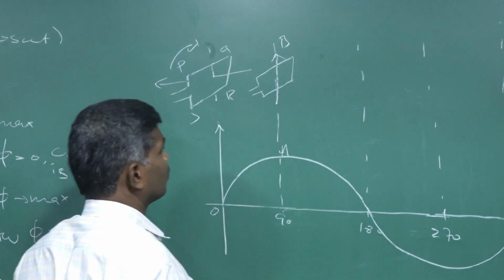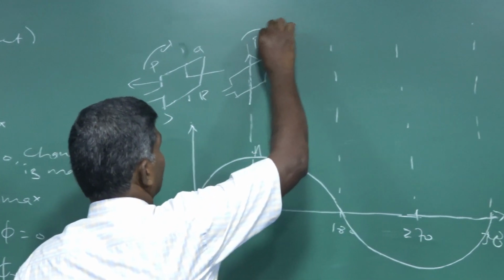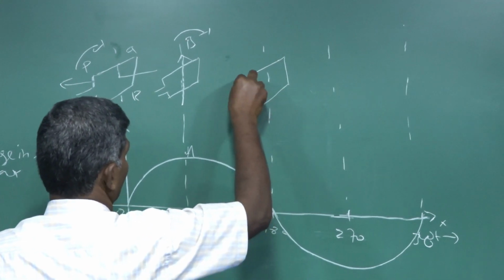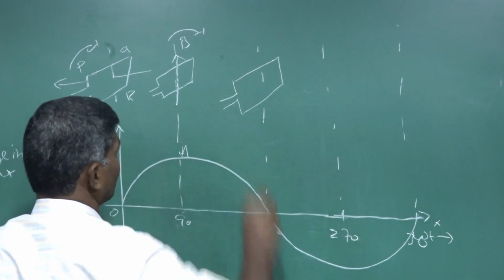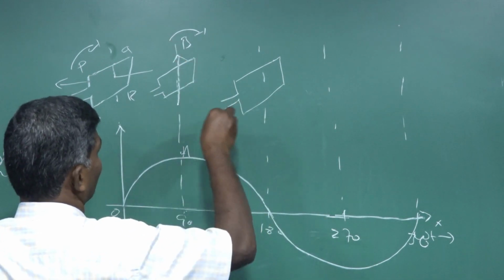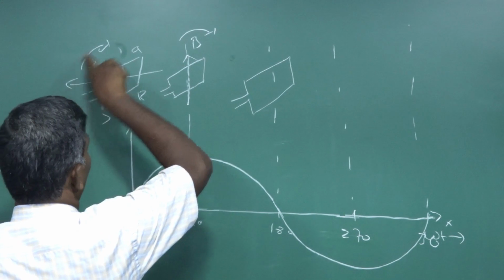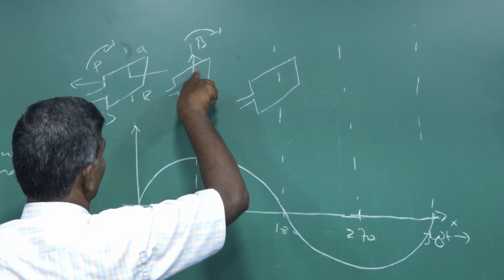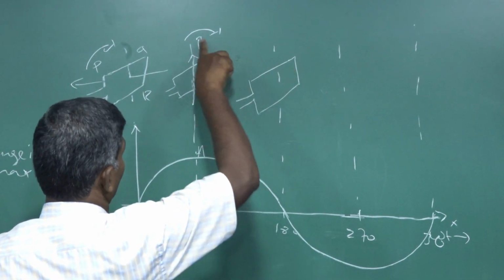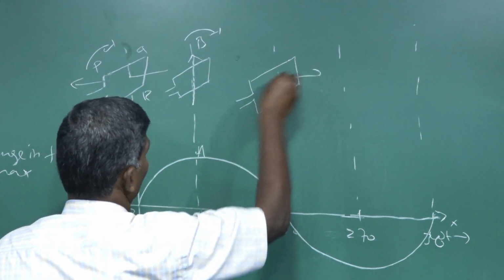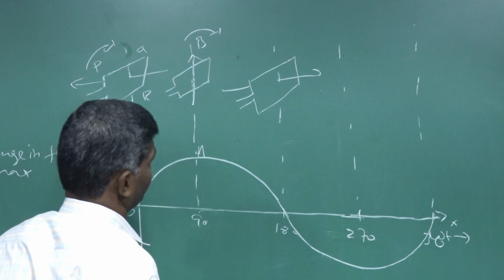Next question we are going to tackle. Further you are rotating the magnetic field, we have the armature. What about that magnetic field? Initially the magnetic field is this. If you rotate 90 degree, it comes like that. Further if you rotate that 90 degree, it becomes a 180 degree rotation, then the magnetic field direction is this.